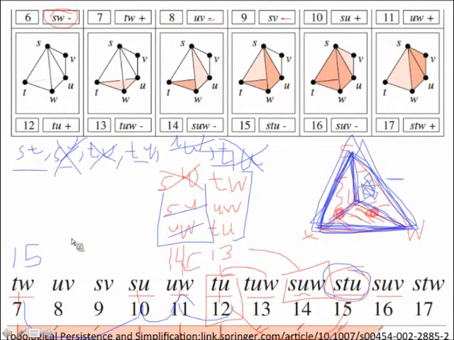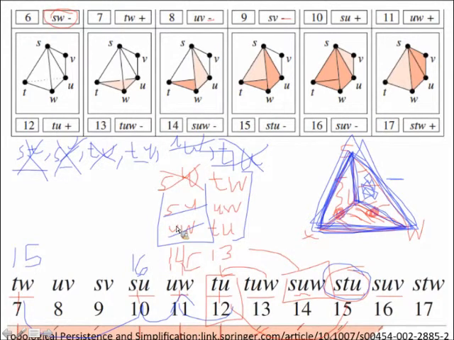And our ST I think is also negative as well, so we also didn't need that one, which leaves us with only TW. And then our last one is SUV. We get the same sort of thing, that this thing now gets paired with 16, and they all get paired up. You can check that out. But that's basically the algorithm in terms of the pairing.